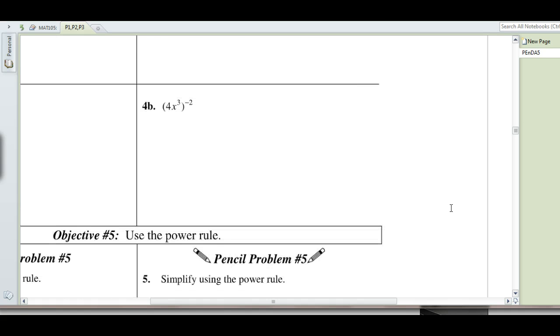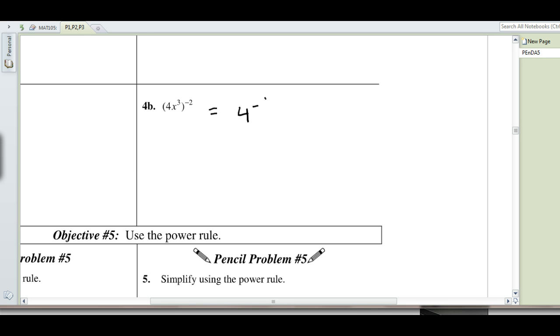Okay, for b, not only do we have a negative exponent, but we also have multiple factors inside parentheses. So we have to go back to our exponent rule sheet and make sure we distribute that negative first. We're going to start by raising every single thing to the negative second power.